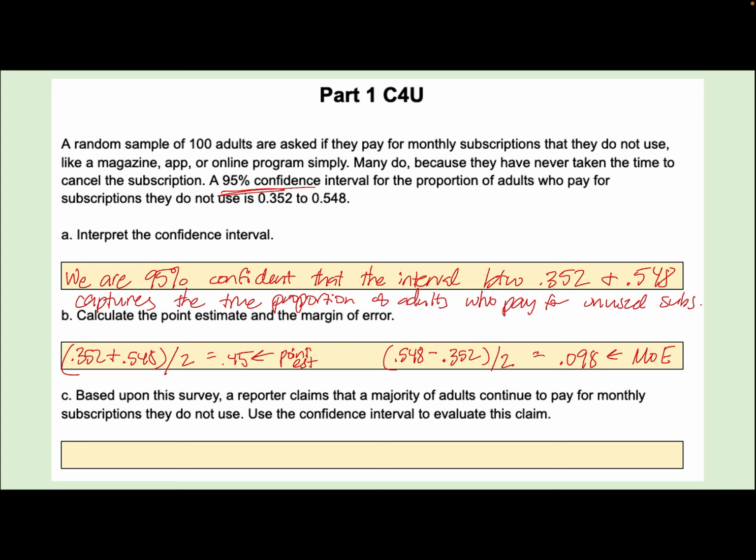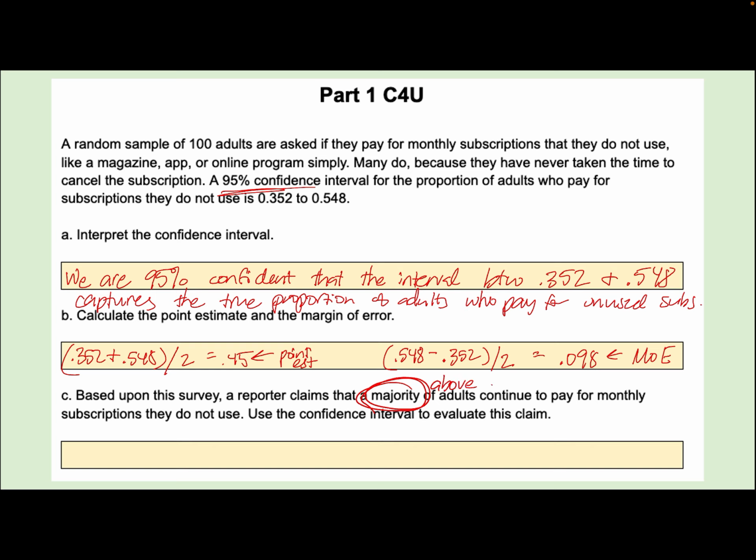All right, last part. Based off of this survey, a reporter claims that a majority of adults continue to pay for monthly subscriptions they don't use. I want you to use your confidence interval to evaluate this claim. Majority means more than half, right?